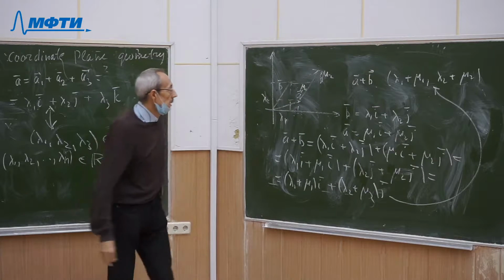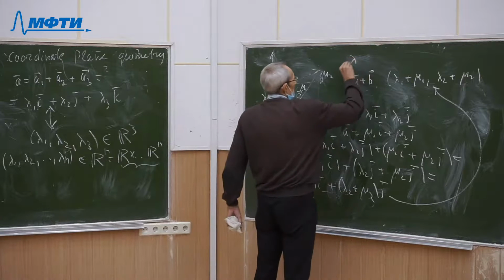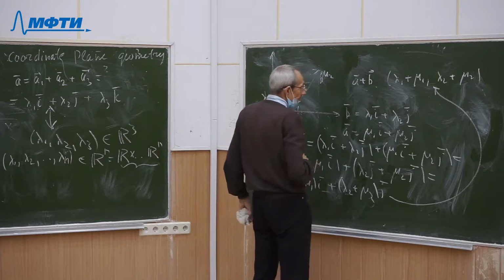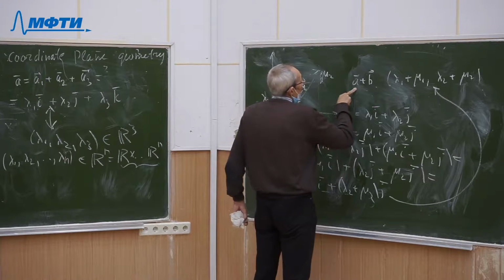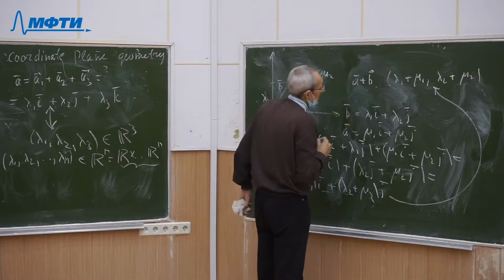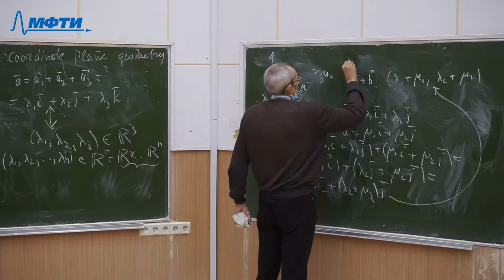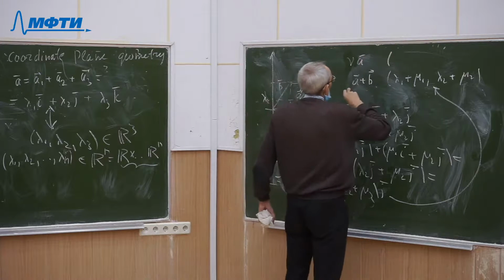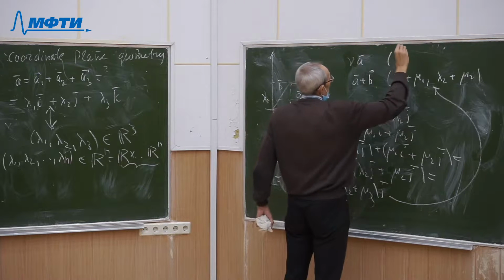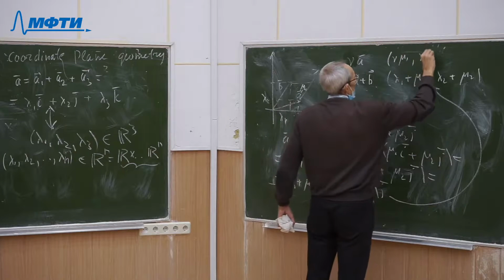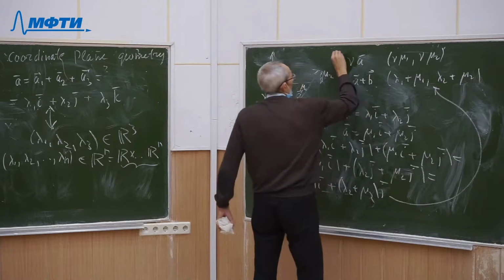And also we can obtain that if we multiply vector A by some number mu, the coordinates of this vector are equal to mu 1, mu 2.